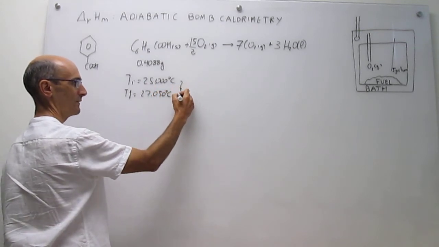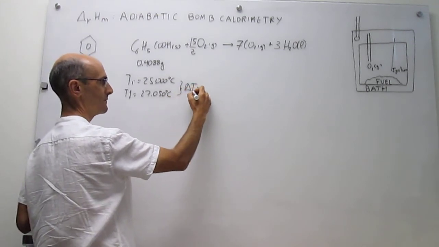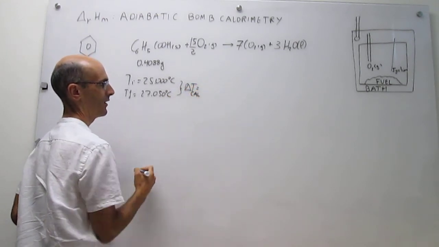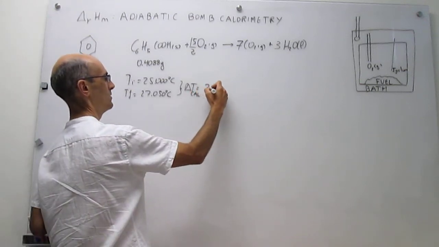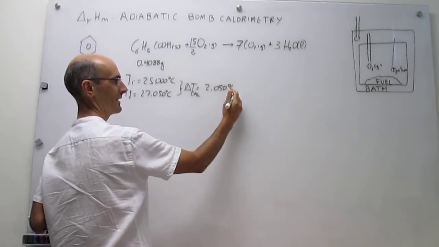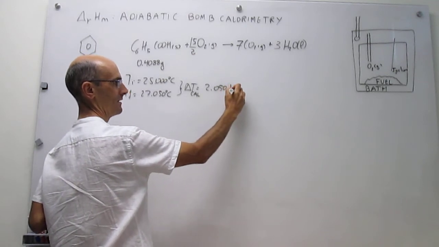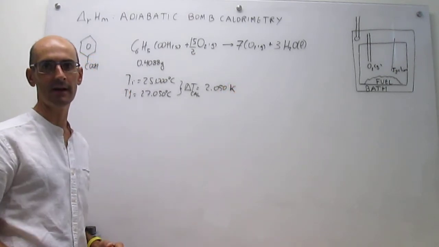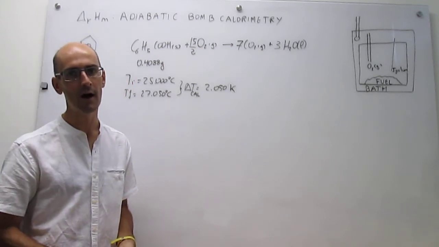And notice that the difference in temperature, which is what we really care about, the difference in temperature in the calorimeter, I'm going to write here as ΔT subcal, is simply 2.050 Celsius, and it will be exactly the same change in temperature in Kelvin, because the Celsius and Kelvin scales are simply offset, so differences in both of them are equivalent.